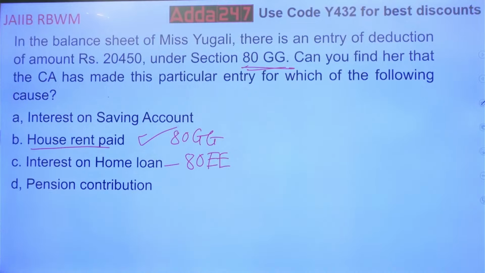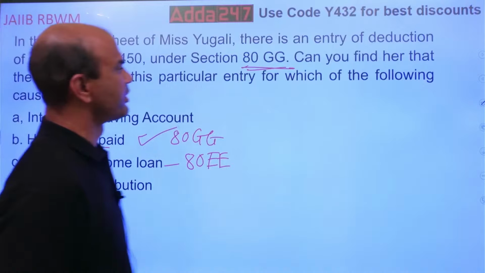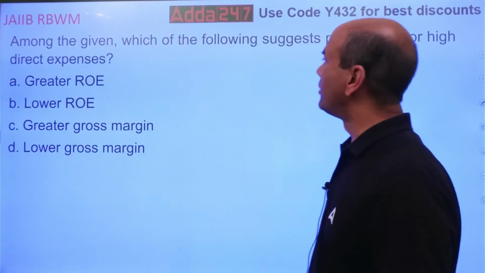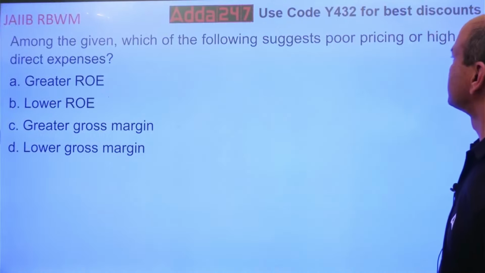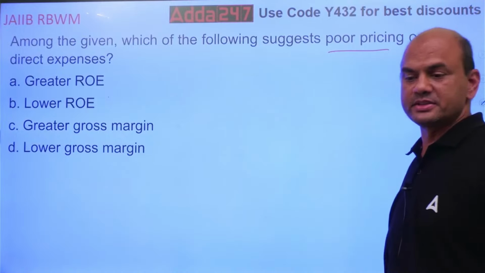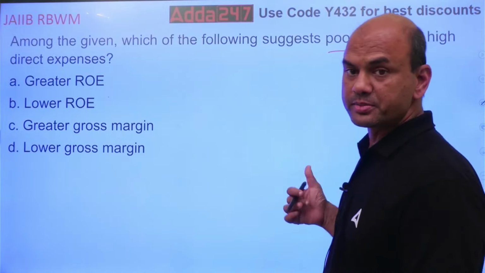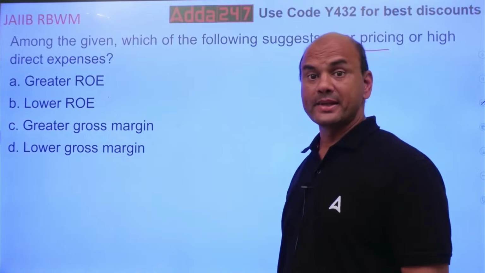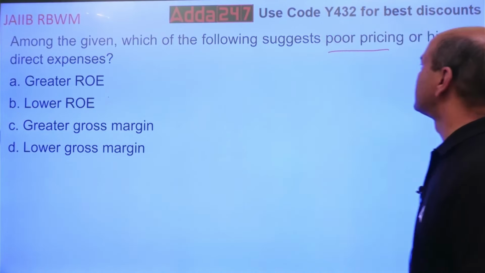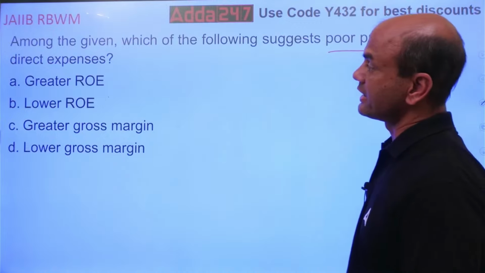Next one. Among the given, which of the following suggests poor pricing or high direct expenses? This is a question in your branch profitability, Chapter number 3, Module A. Which of the following suggests poor pricing or high direct expenses?